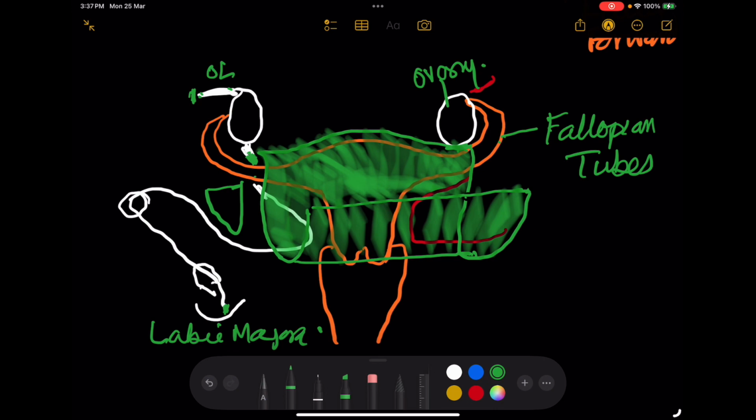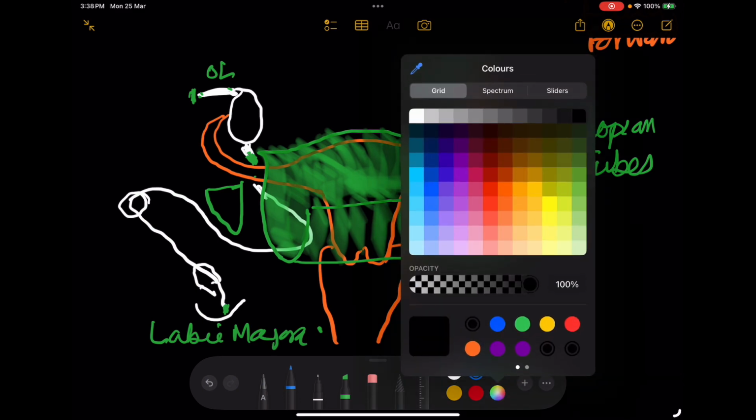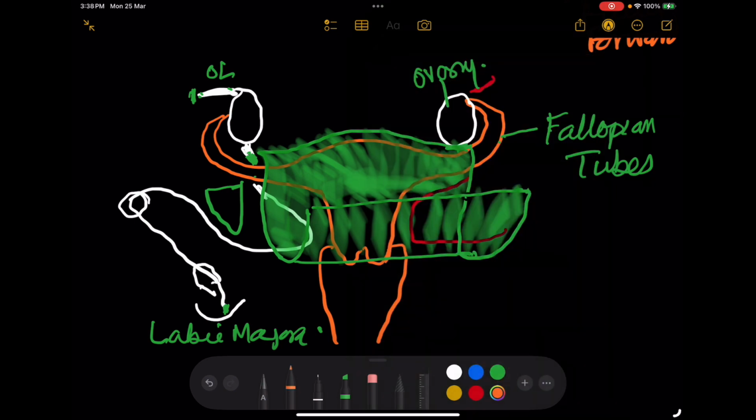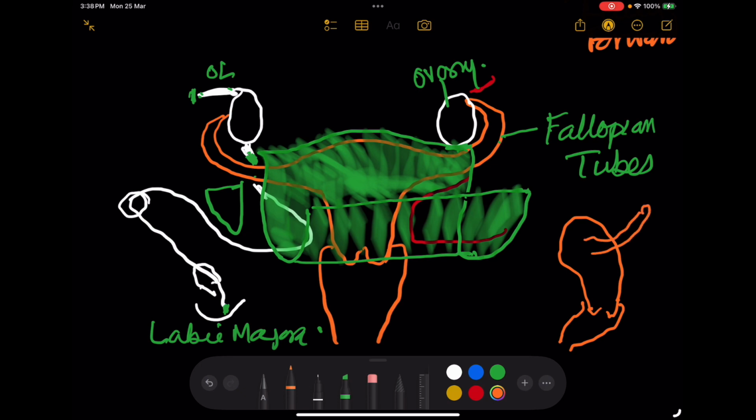This is the broad ligament. So if we are viewing the uterus from the side, this is the uterus, this is the cervix and this is the vagina, and here are the fallopian tubes, which are near the ovaries.